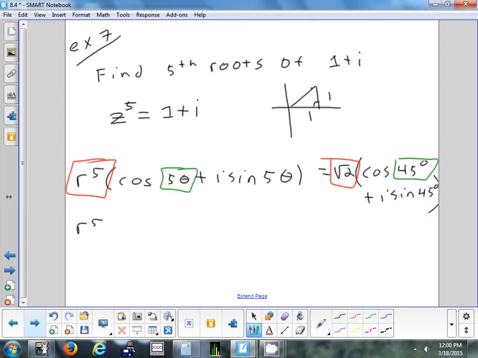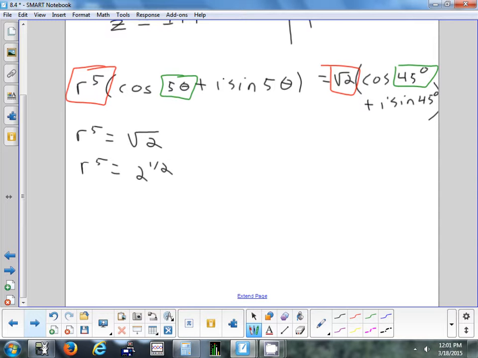So the first part relies on a little bit of algebra 1. If you take the square root of something, that's the same as raising it to the 1/2 power. That's from algebra 1. Also from algebra 1, if we raise a power to a power, we multiply. So I'm going to raise this side to the 1/5. I'm going to raise this side to the 1/5.